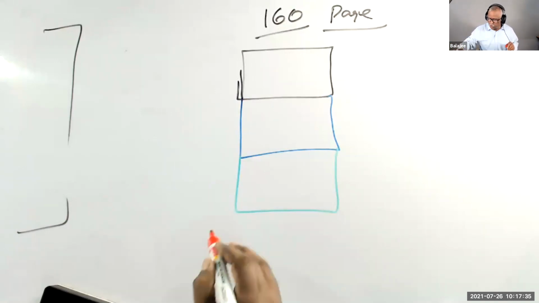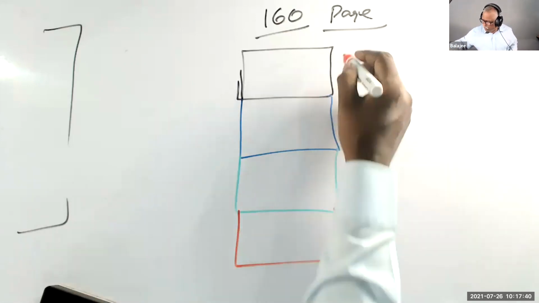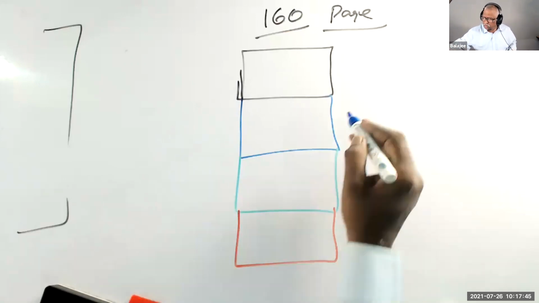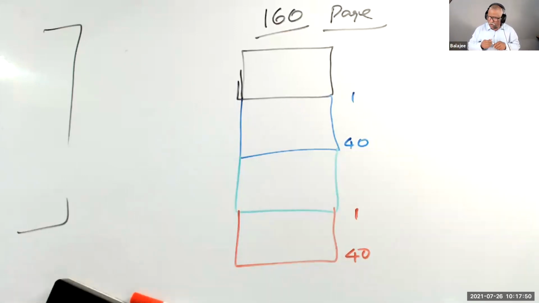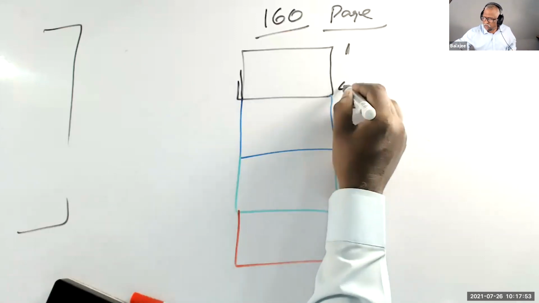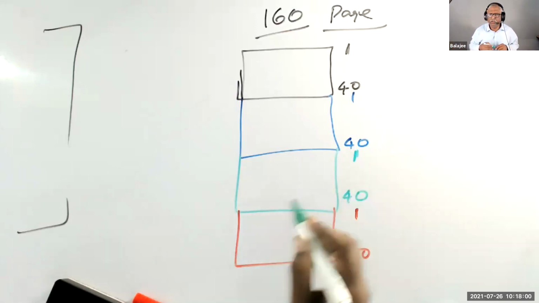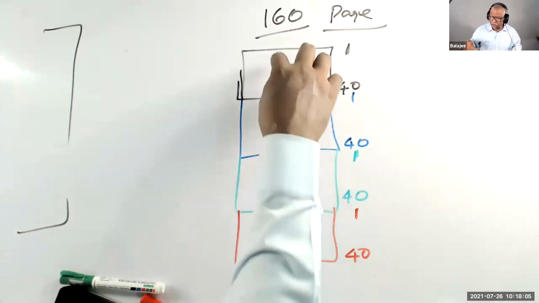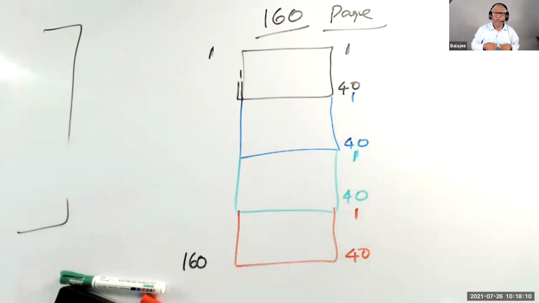So you have 4 notebooks now. Each one has how many pages? 40 pages, 1 to 40, 1 to 40, 1 to 40, and 1 to 40. But when we combine all of them, it goes from 1 to 160.